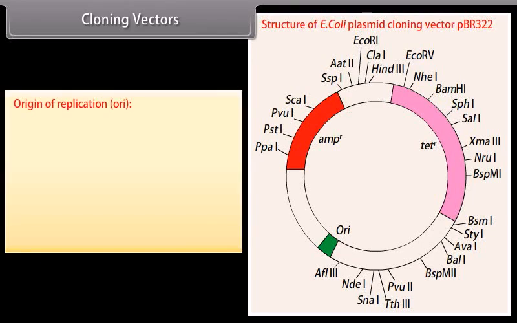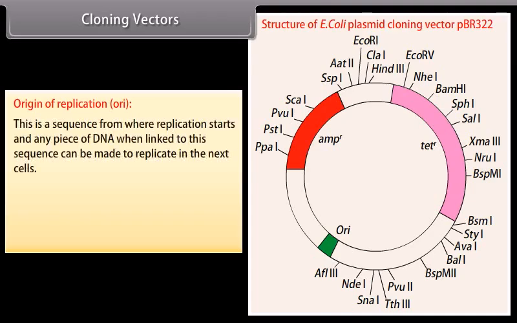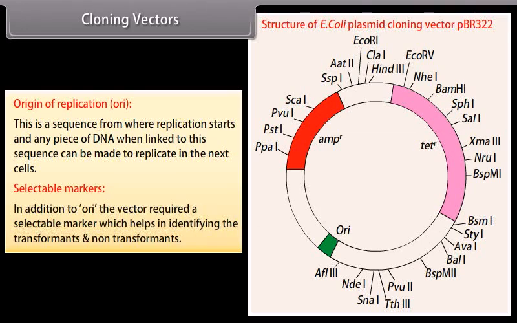Origin of replication. This is a sequence from where replication starts, and any piece of DNA, when linked to this sequence, can be made to replicate in the host cells. Selectable markers. In addition to ORI, the vector requires a selectable marker, which helps in identifying the transformants and non-transformants.